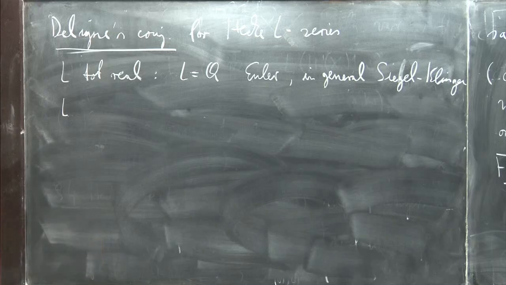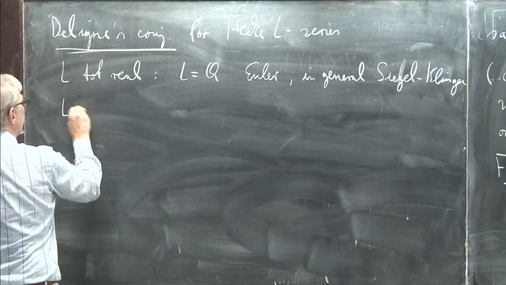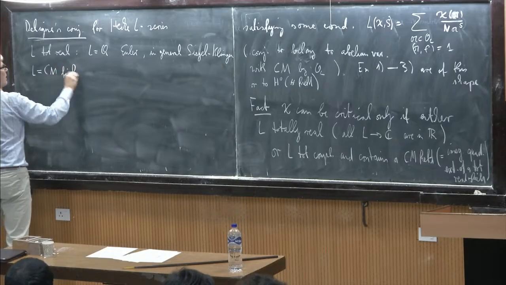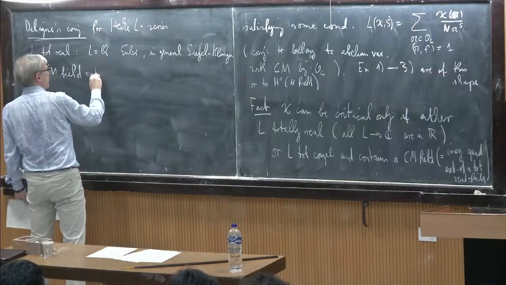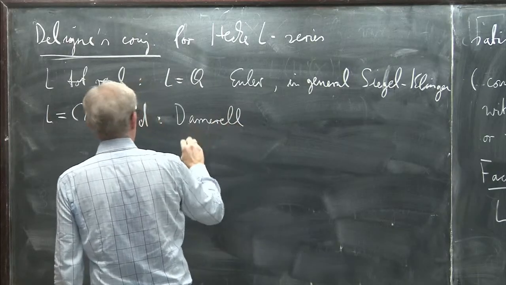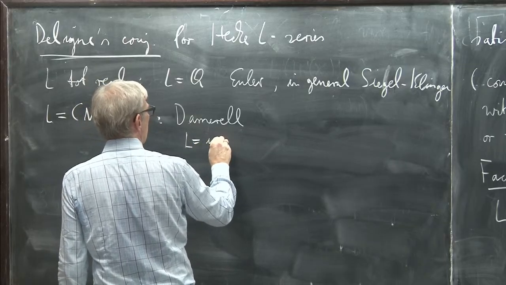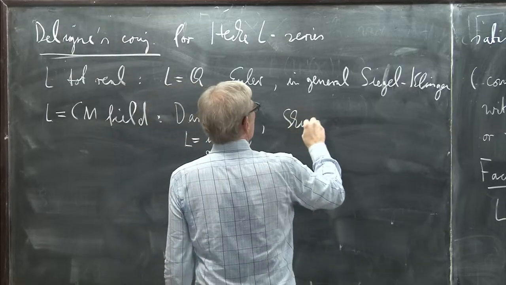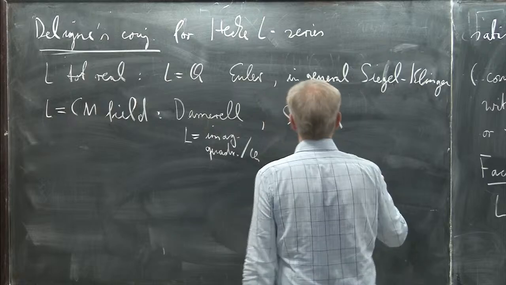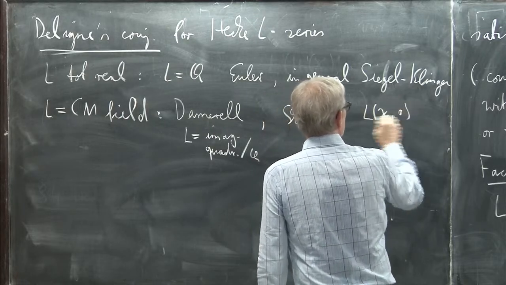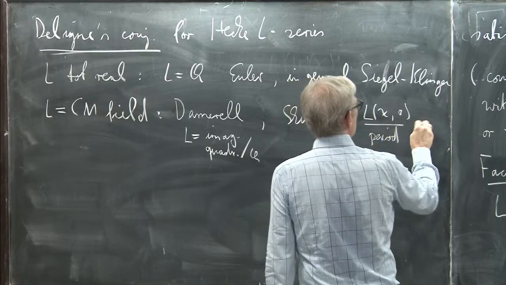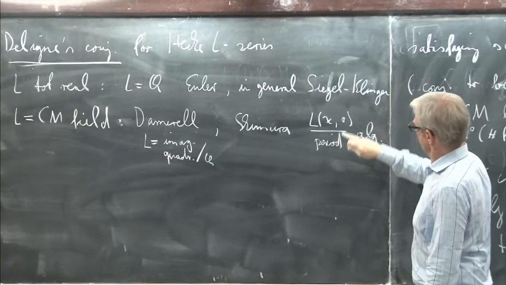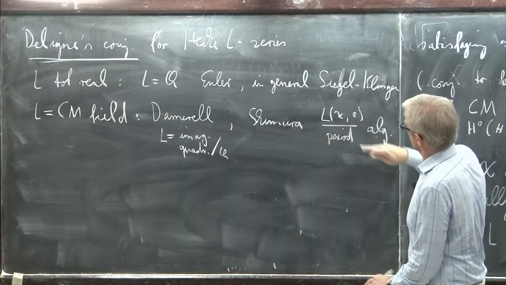And if L is a CM field, then there were first results by Damerell for the case L is an imaginary quadratic extension over Q. And then in general, for L a CM field, Shimura proved that the L value divided by a period is algebraic, and that this is the right number here.